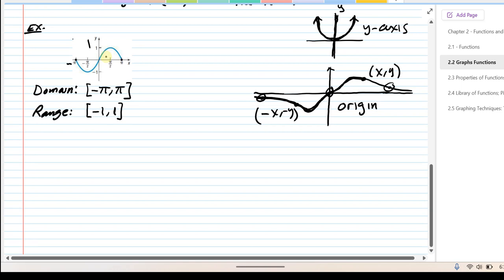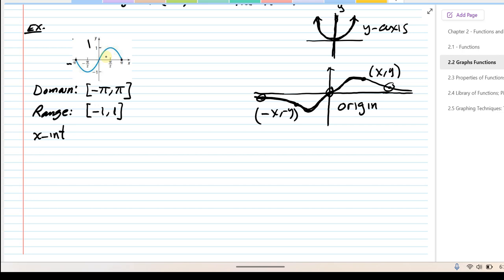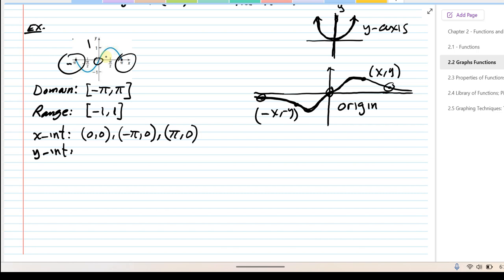What about the intercepts? Let's do the x-intercept and the y-intercept. Well, one of them happens to be the same. An x-intercept is at (0, 0). The other x-intercepts are at (negative pi, 0) and (pi, 0). Any point where the graph crosses the x-axis is called an x-intercept.